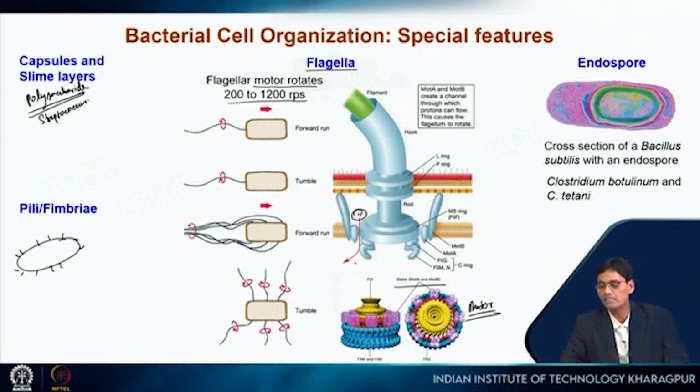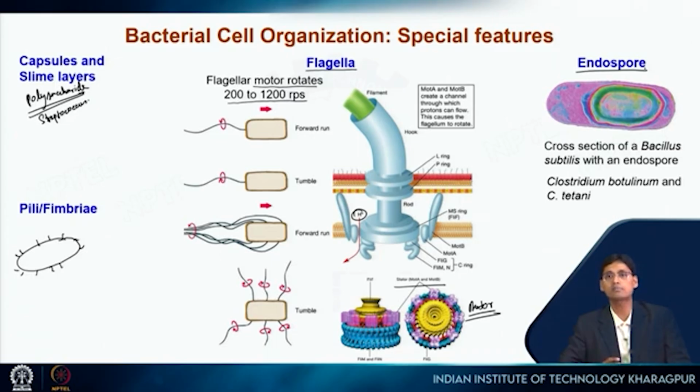And at the end, this is another one, the endospore. So endospore is present in some bacteria. It is medically important and also challenging for medical professionals, because this endospore present inside bacteria is very resistant to heat and to different types of radiation, including gamma radiation.